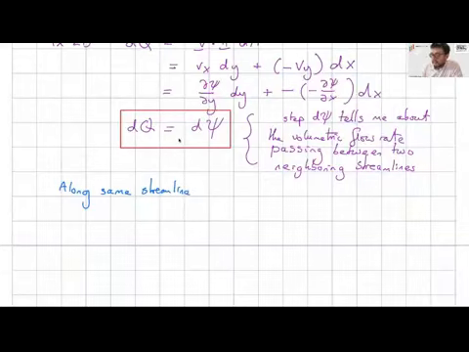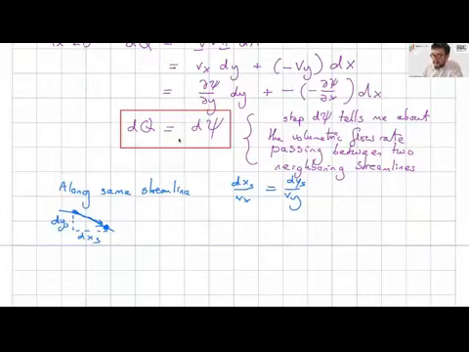Well, we know that the definition of a streamline, which we wrote down at the very beginning, was that along the same streamline, dx by Vx was equal to dy by Vy. In other words, along the streamline, the velocity is indeed tangent to the streamline. This would be dys, and this would be dxs, and the velocity would be parallel to this.